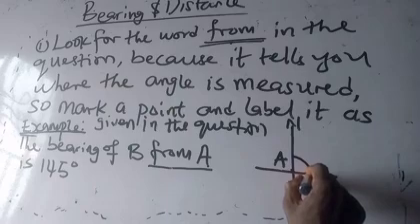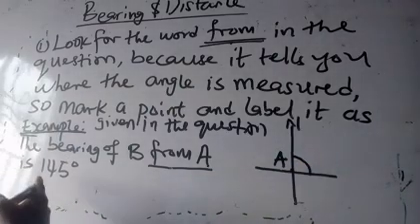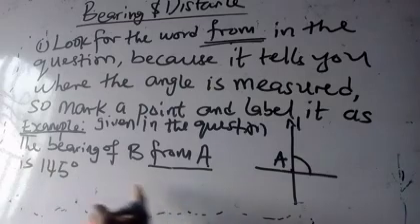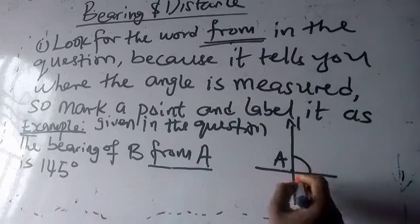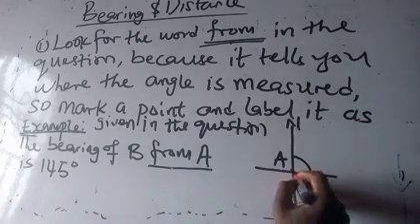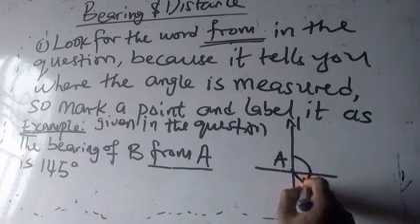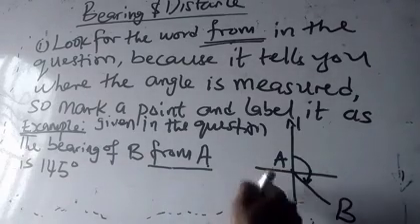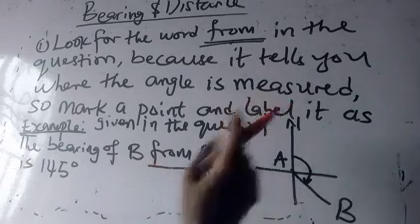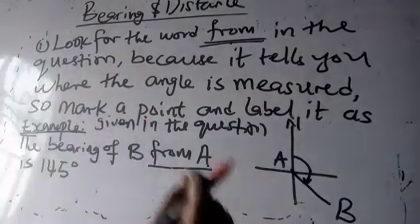90 plus, that's 55. So we have 55 here. The bearing of B, this is B. The bearing of B from... you will be given so many bearings in a question, so look out for the starting point.